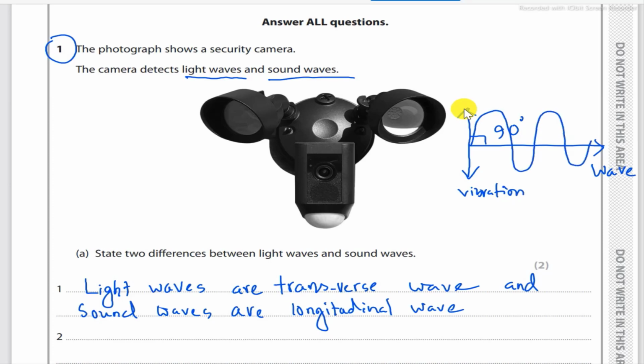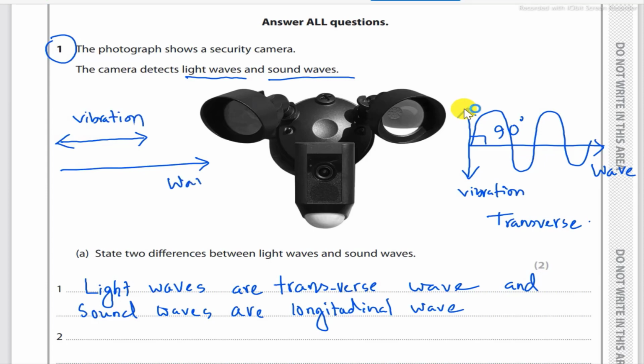On the other hand, in a longitudinal wave, the direction of vibration of the medium particles is parallel to the direction of propagation of the wave.